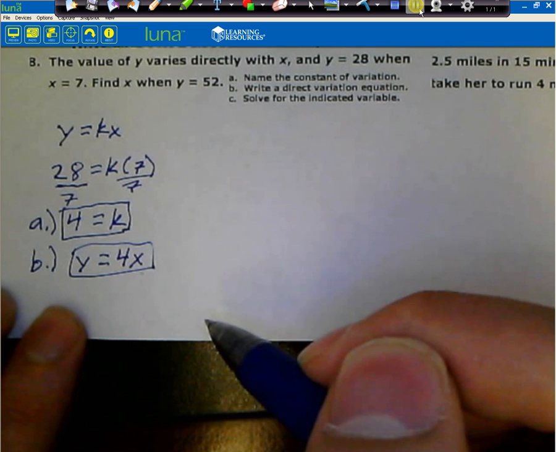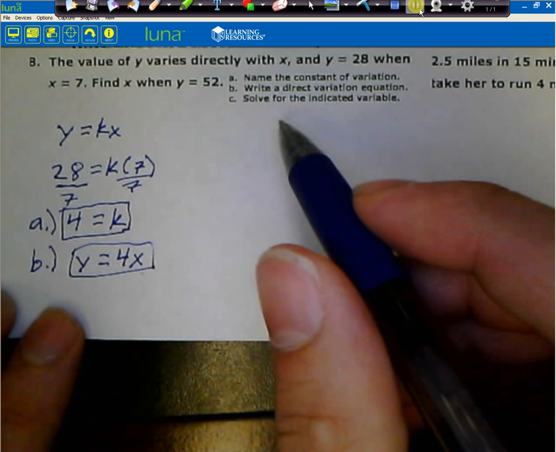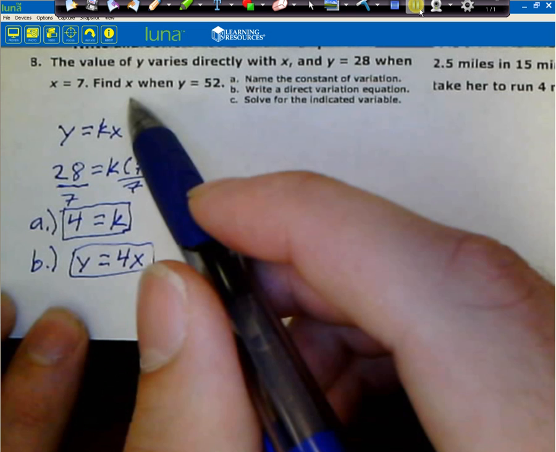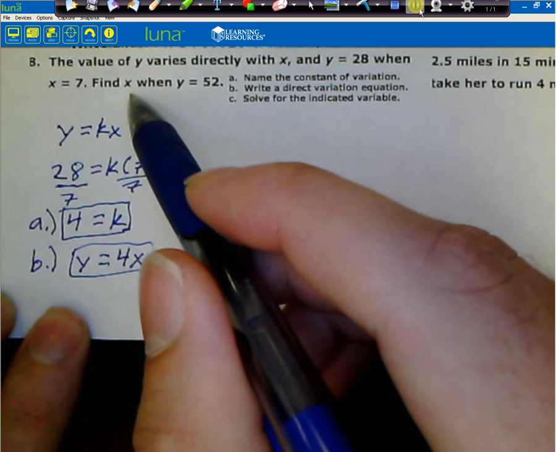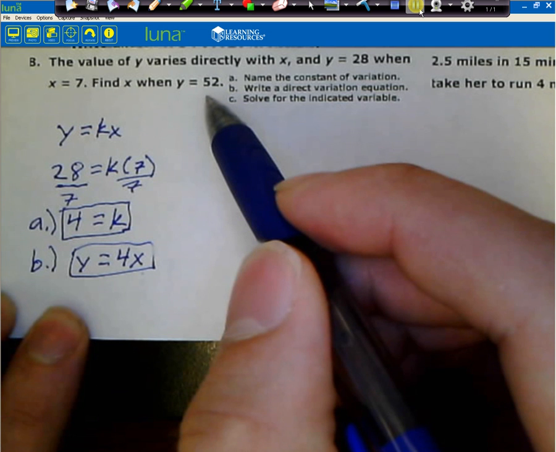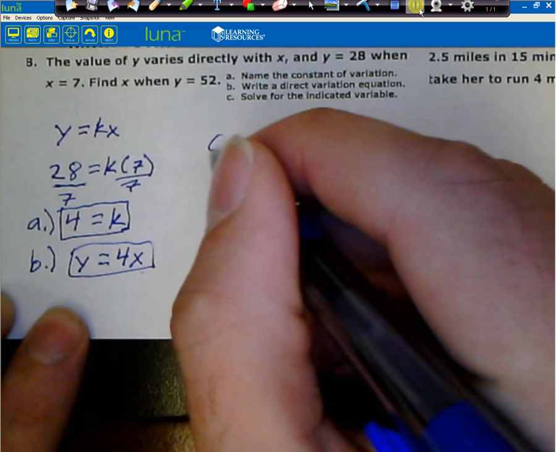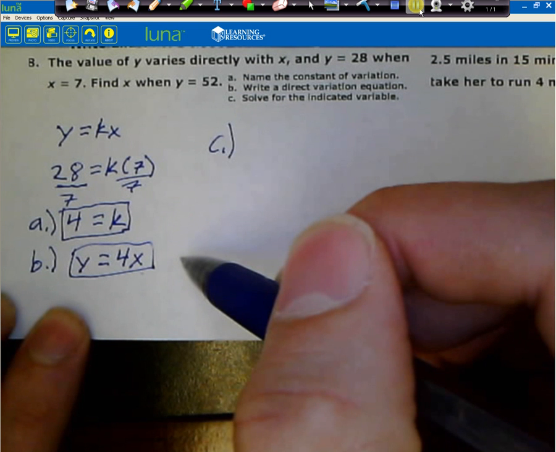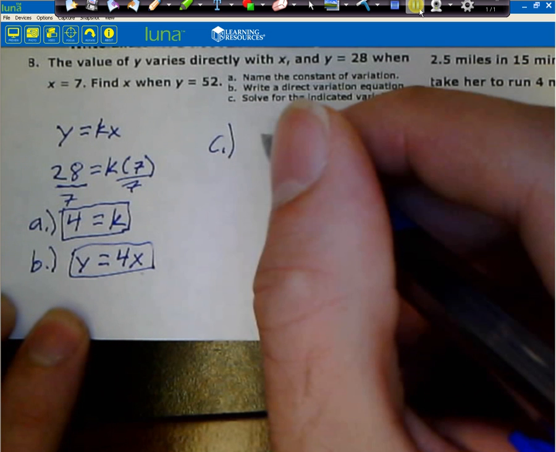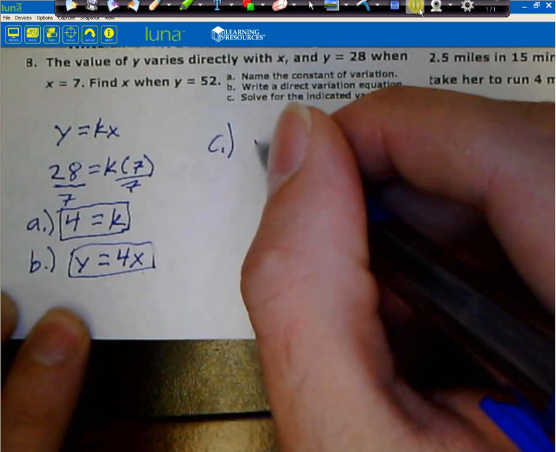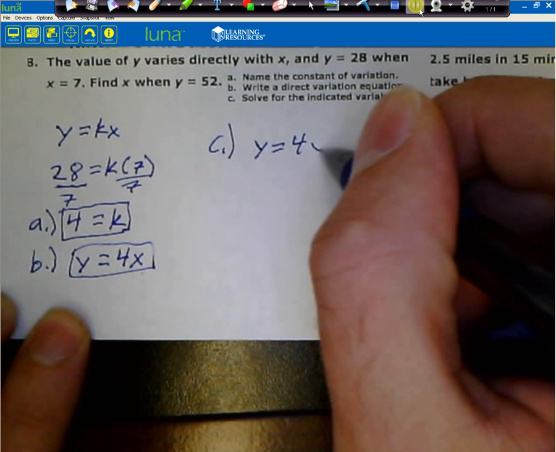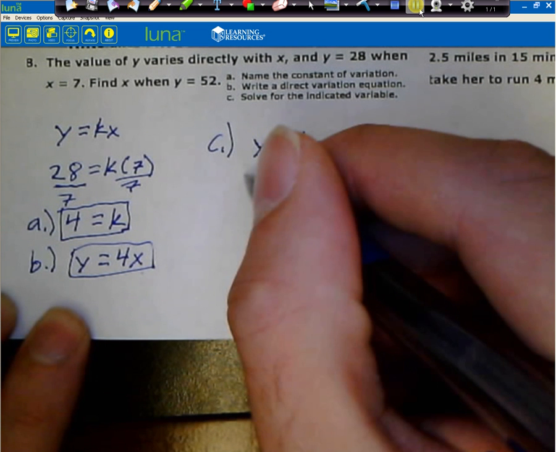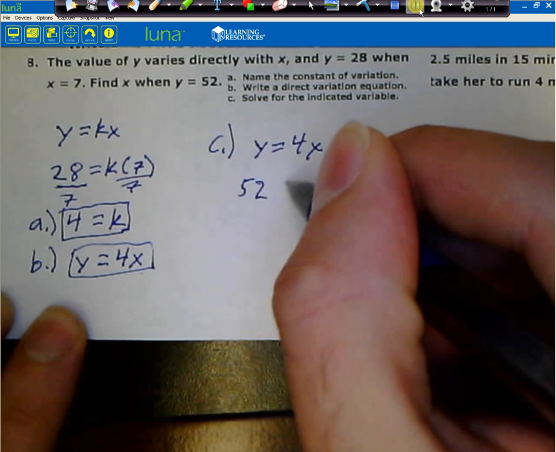Alright, finally, we're almost done. We are asked to solve for the indicated variable. And so it's asking me to find x when y is 52. So, part C, I'm going to be using that equation that I just found in part B. So we're starting with that equation, y equals 4x. I know that y is 52, so I'm going to plug in 52 for y.